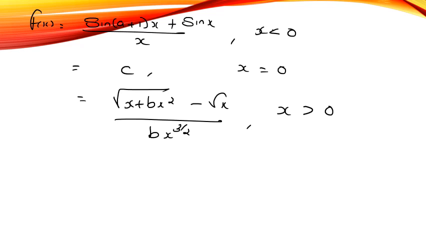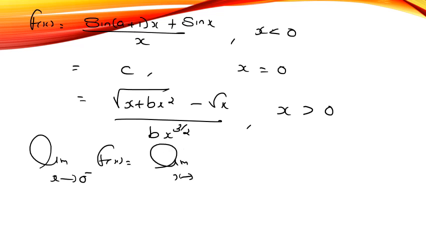So its solution. Limit x tends to 0 minus of f of x is equal to limit x tends to 0 minus of sin((a plus 1)x) plus sin x, by x.